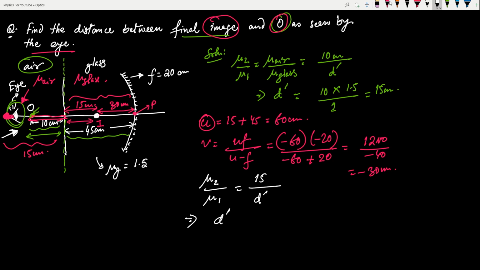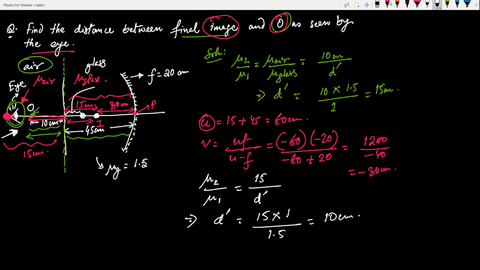So we can see that d dash is equal to 15 into mu1. Now mu1 is that of air, 1, and mu2 is refractive index of glass because the image is in the medium of glass. Okay, so that is 1.5, it's given, so we can easily say that it will be 10 centimeter. Okay, now the image is formed somewhere here, that is 10 centimeter.